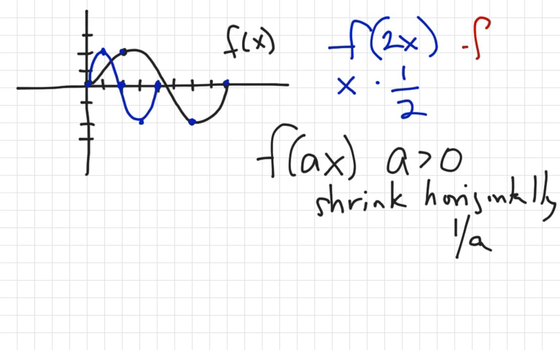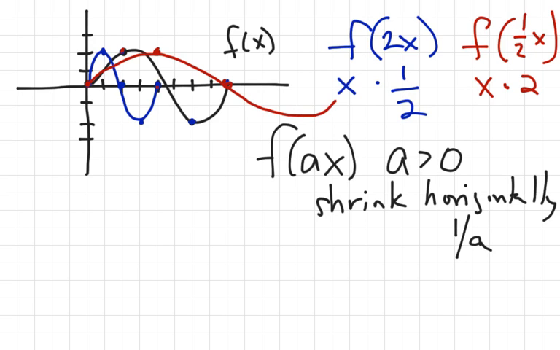What if I want to do 1/2 x in my function? Well, that's going to take my x values and multiply it by its reciprocal, 2. So 0, 0 is 0, 0. But 2, 2 is going to become 4, 2. 4, 0 is going to become 8, 0. So the graph's going to kind of look like this.